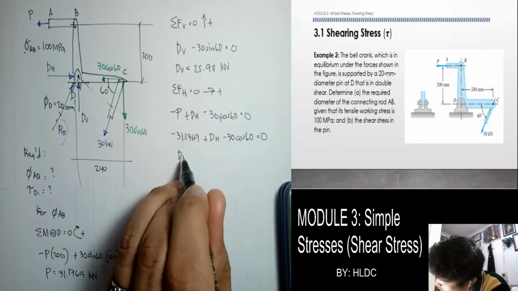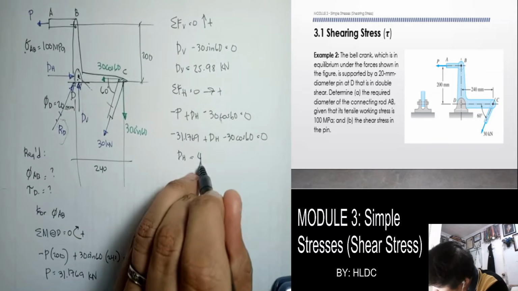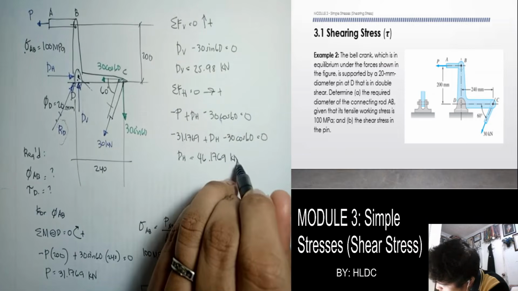So, that DH now equals, so, sagot 46.1769 kilonewtons.